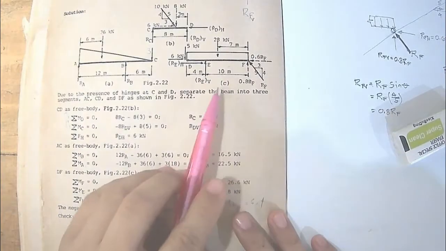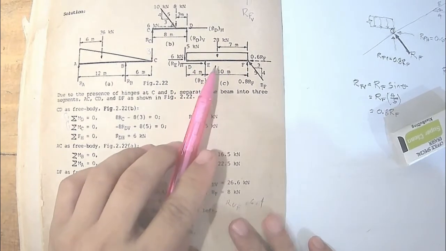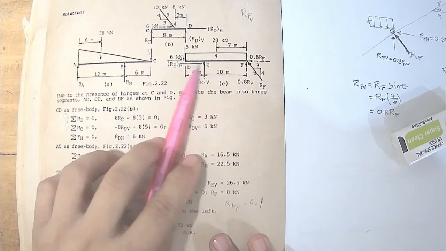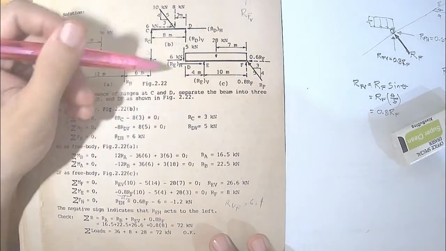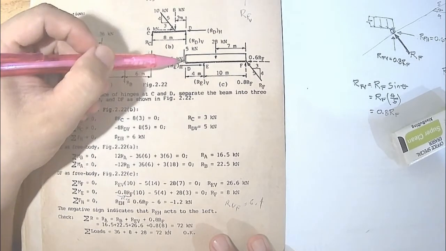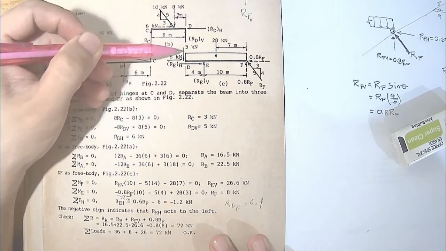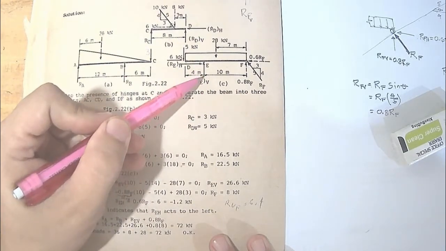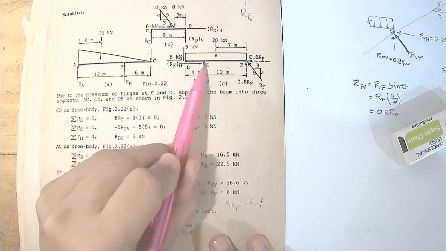Now let's go back to beam DF. The loads on this DF: you have the 28 kilonewton, also the 5 kilonewton reaction at D vertical, this one, so it is pointing downward. Then we have the reactions E vertical and reaction EH.